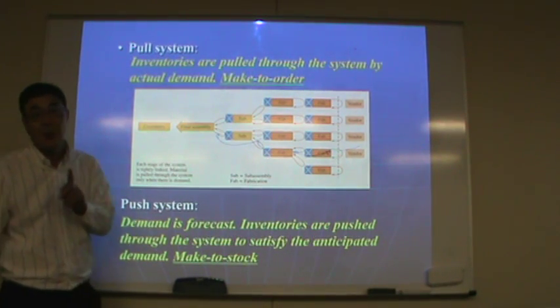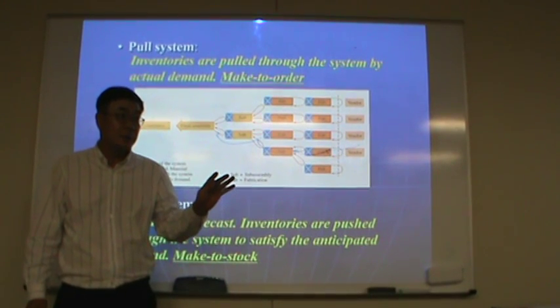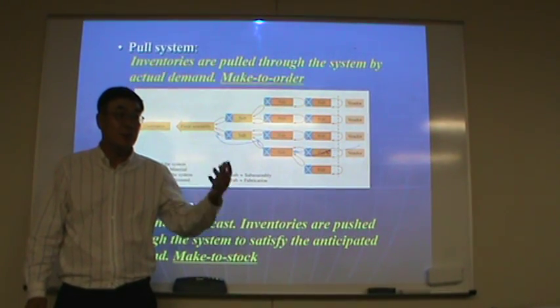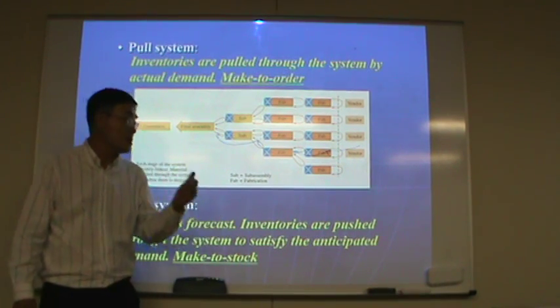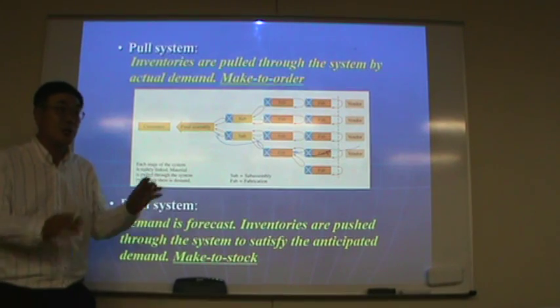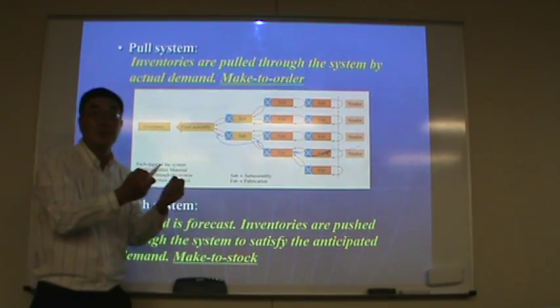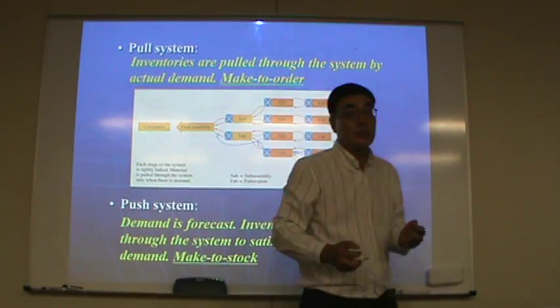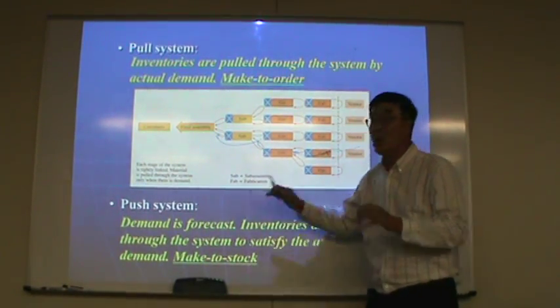We will cover the MRP system later. We call conventional or traditional system push system and make to stock system. So JIT system is make to order system and pull system. Conventional, traditional MRP system is make to stock system and push system.